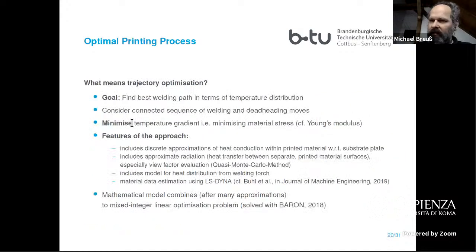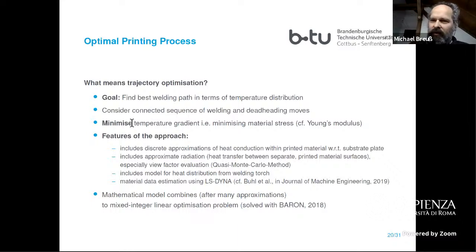Now let me give you an idea about the trajectory optimization, because it's easy to spend a whole talk just on this. But let me explain a little bit what the difficulties are and what you need to do. In fact, my explanation is a bit longer, even if it's just one slide more or less.